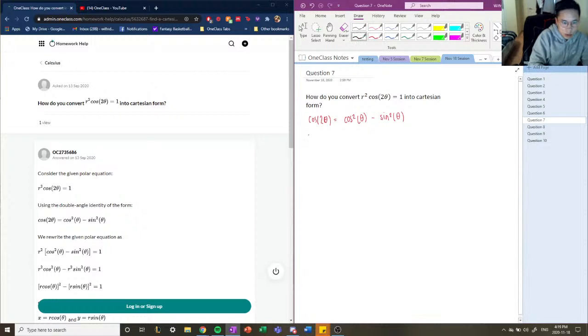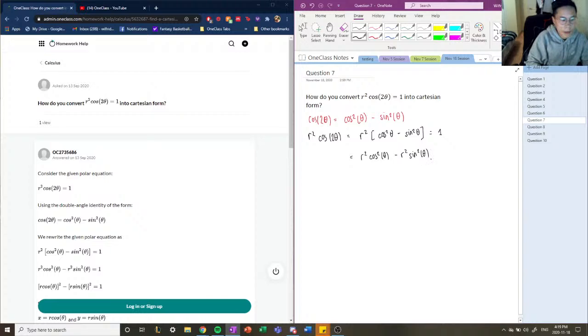So r squared cos 2 theta can be written as r squared times cos squared theta minus sine squared theta, equals 1. We're going to expand this. This equals r squared cos squared theta minus r squared sine squared theta.